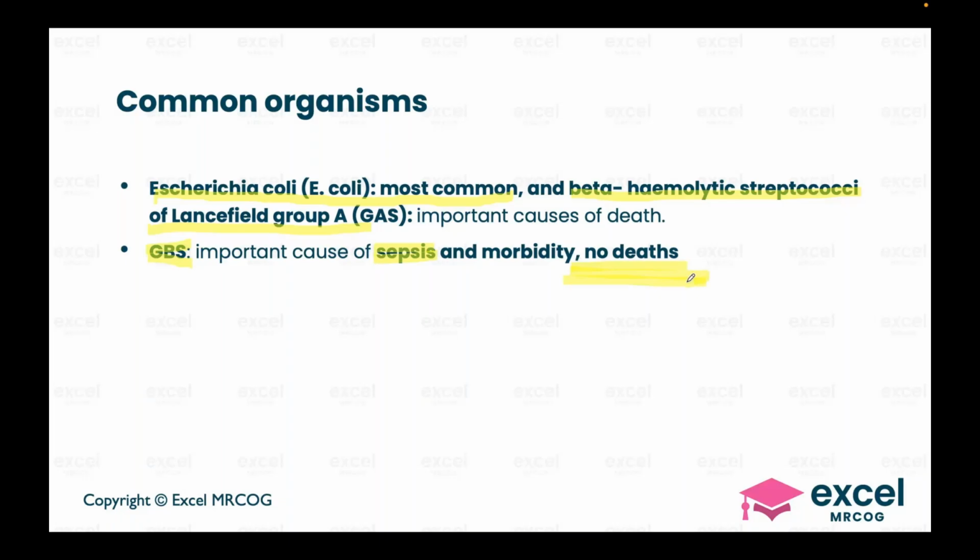Please note that GBS causes sepsis, causes morbidity, may not be associated with deaths. This is for the mother. We're not talking about the baby. The baby may get fulminant sepsis and death, but for the mother, it is usually morbidity and no deaths. Okay, so the common causes would be E. coli, which is the topmost cause, and beta hemolytic streptococcal infection.